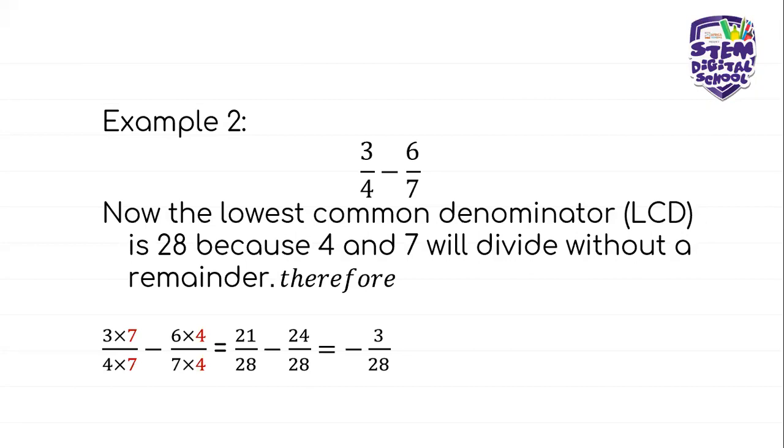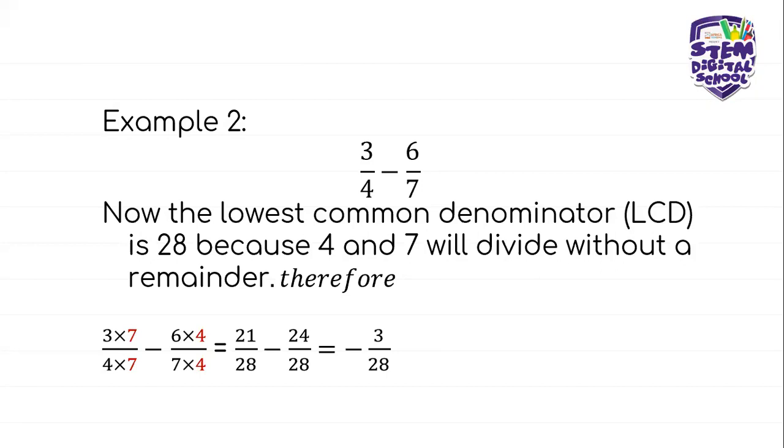Now, the lowest common denominator should be found. That is, we're looking at the number which is a multiple of 4. That same number should be a multiple of 7. Meaning that the number should be divisible by 4 and also divisible by 7.